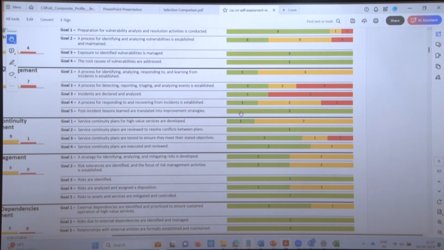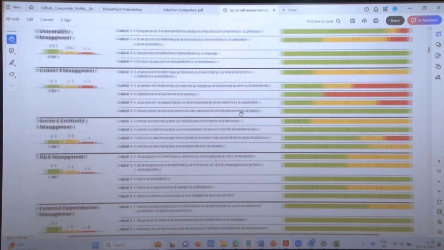Incident management is quite lacking here, with a lot of red, so the entire incident management gets red. Service continuity management also, for this small thing, becomes red.